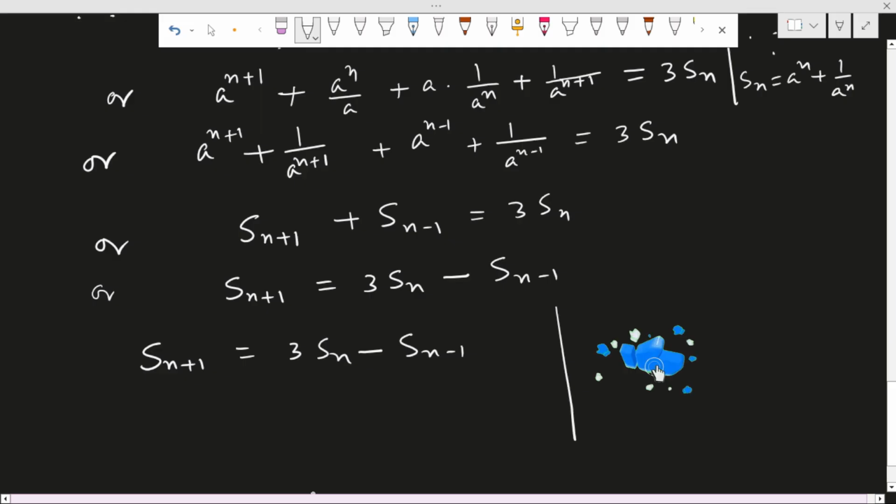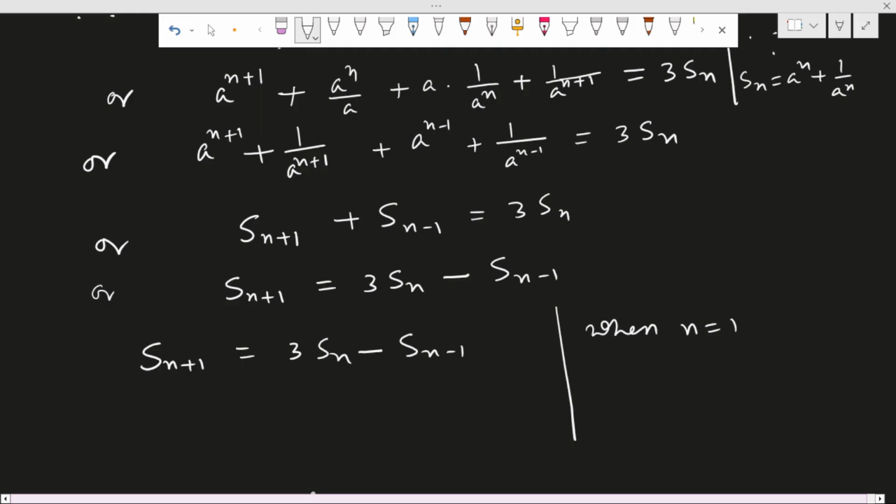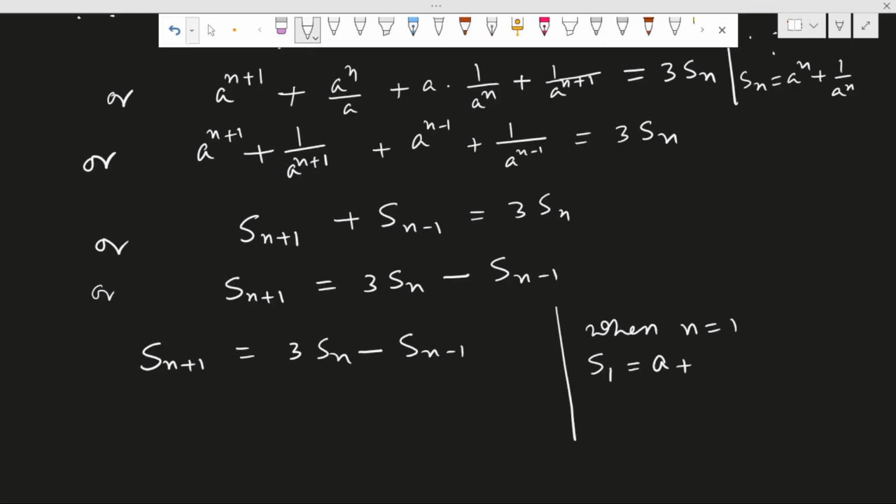Here, when n is equal to 1, then what we have, S1 is equal to a plus 1 by a, and that is given as 3.